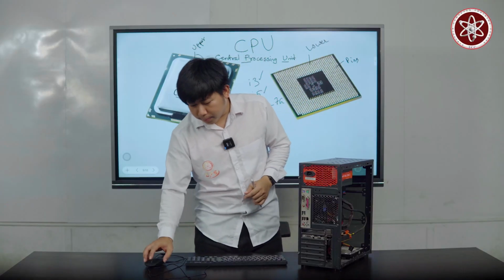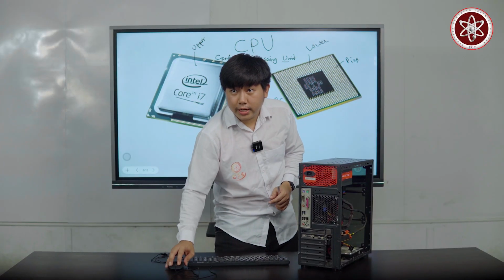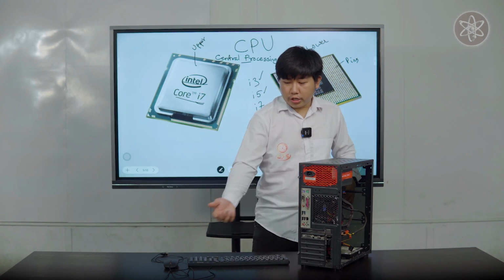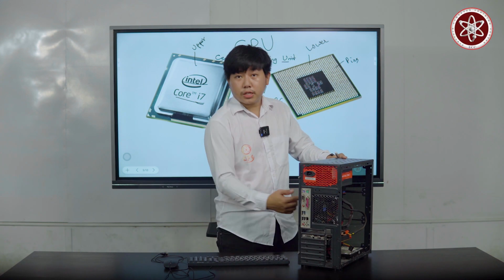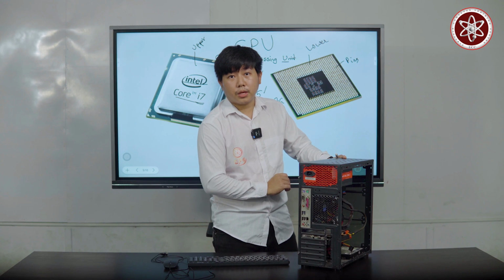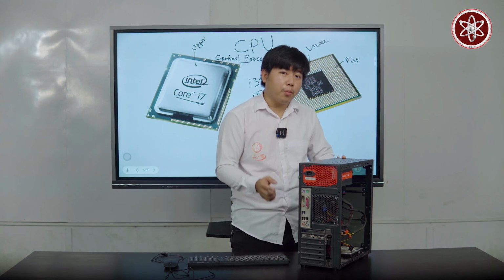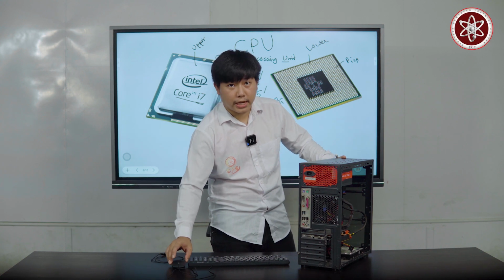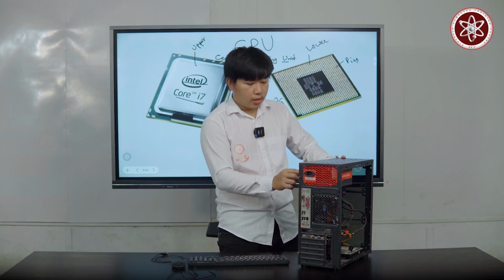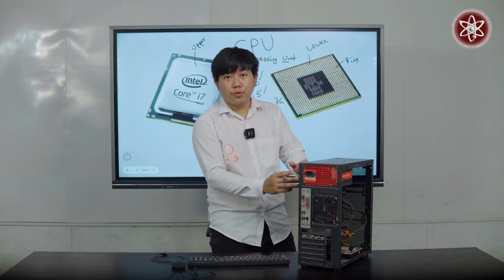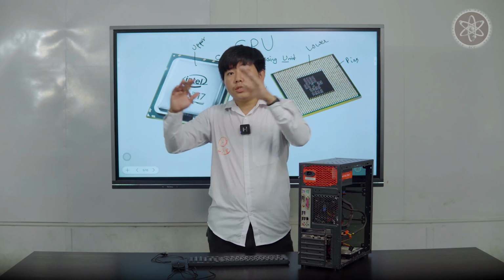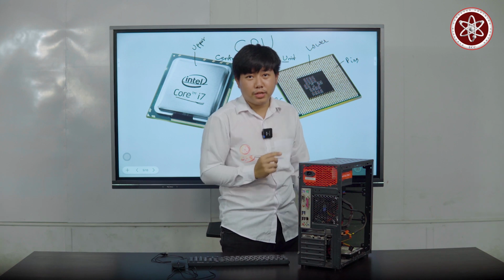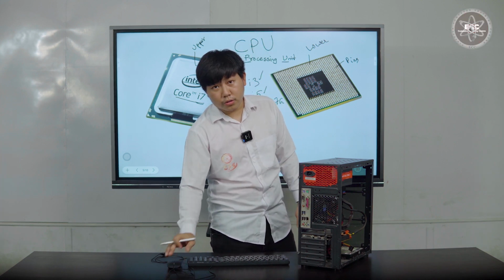Let's say I move a mouse a little bit to the left side, and that information is sent to the motherboard, and from the motherboard to the CPU. The CPU knows that it moved to the left side. And in that case, the CPU provides that to the display and moves the mouse a little bit to the left. So that's how the CPU works.